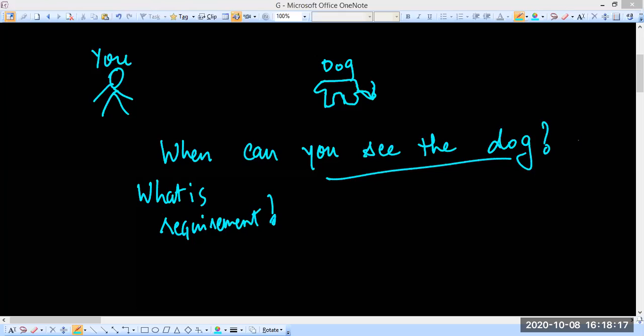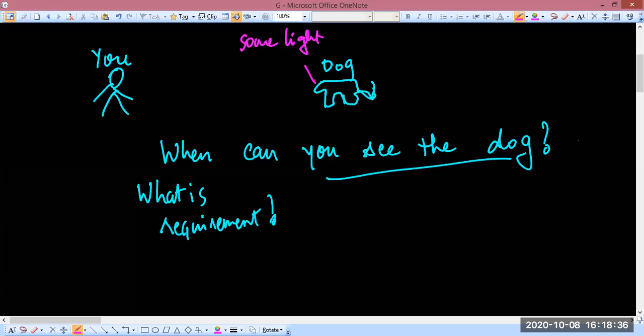Okay, the correct answer is, I read everyone's answer, but I'm not commenting on everyone's. The correct answer is when some kind of light from somewhere falls on the dog and gets reflected and reaches your eyes. All right, is this clear?